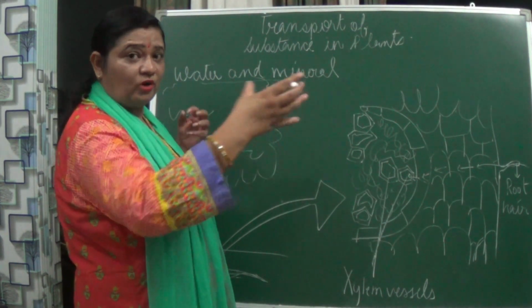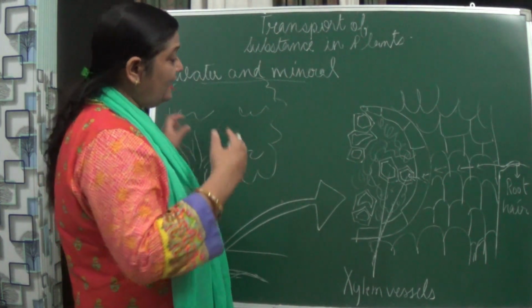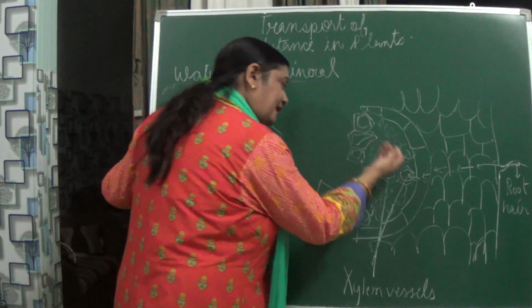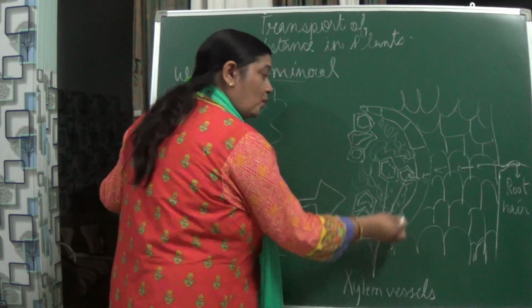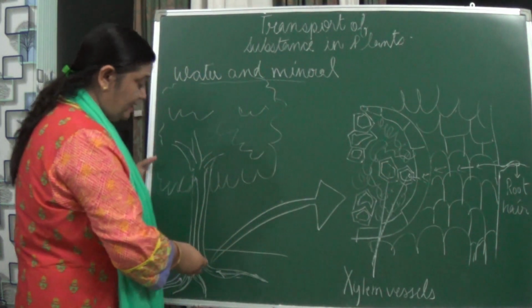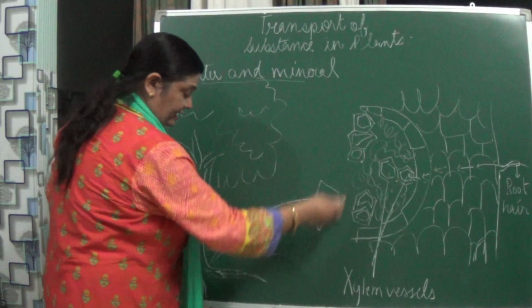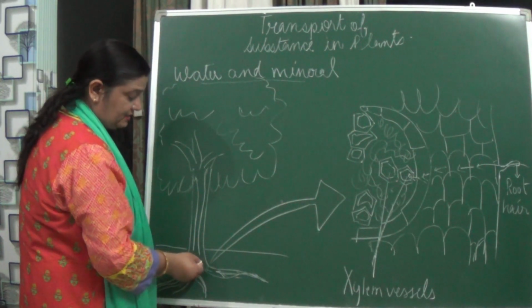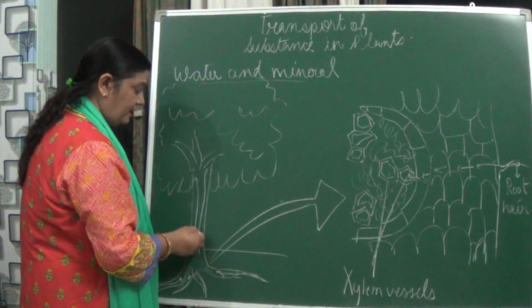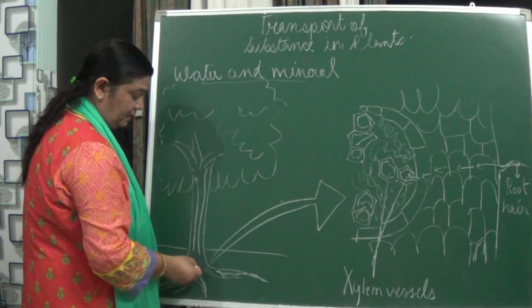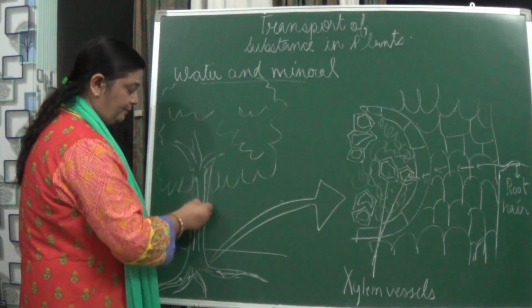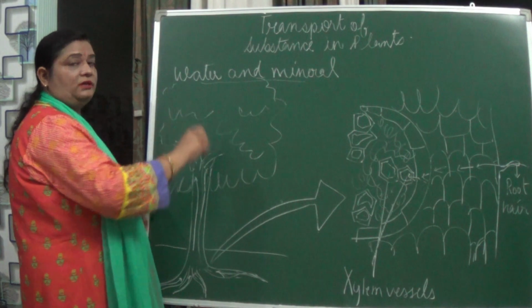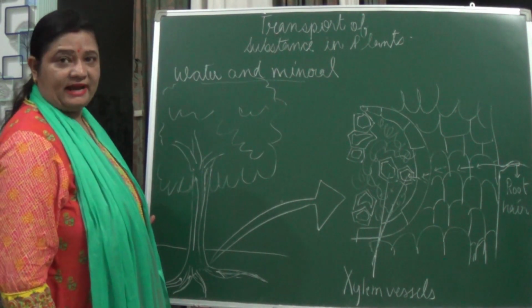From the pipe the water comes to our houses, isn't it? Like that, these xylem vessels are pipe-like structures. As soon as the water reaches from the root hair, xylem is present everywhere in the stem, and it goes on like a pipeline carrying water to the different parts of the plant.